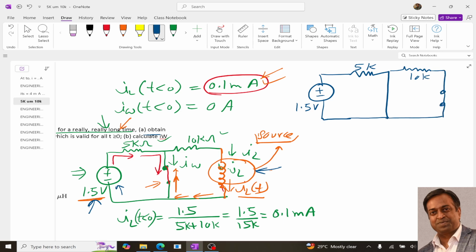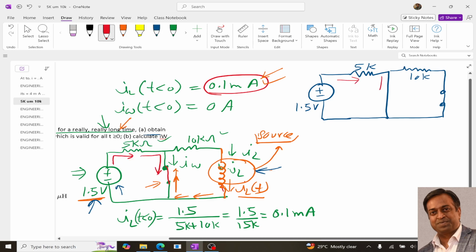Why? Because this inductor is acting as a voltage source, so it will be replaced with a short circuit path. Since it is replaced with the short circuit path, the current coming through will take the short circuit path, so no current flows through this.